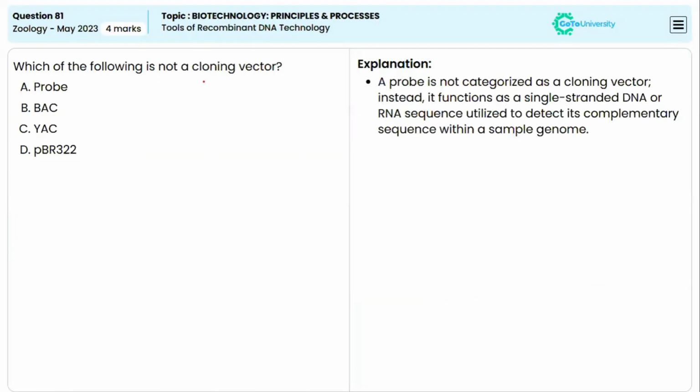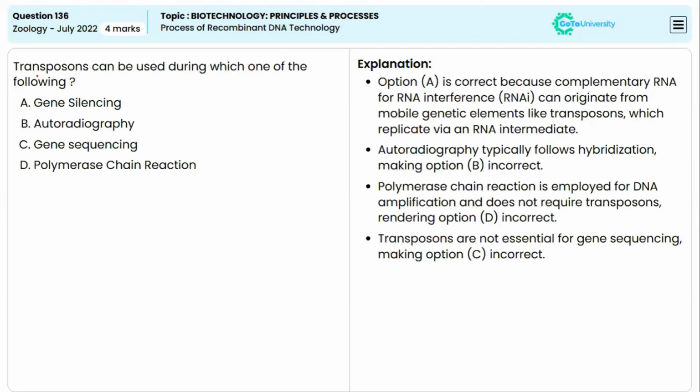Now, which of the following is not a cloning vector? Here BAC, YAC, pBR322 are cloning vectors. Bacterial artificial chromosome, yeast artificial chromosome and plasmid pBR322 are cloning vectors. So option A is the correct answer. Now, transposons can be used during which one of the following?